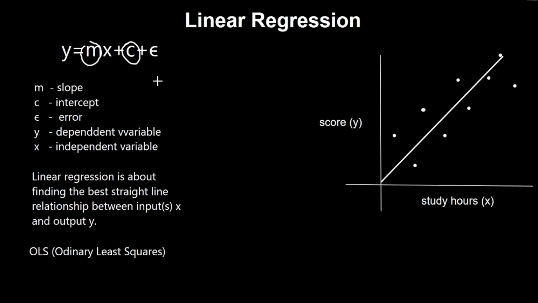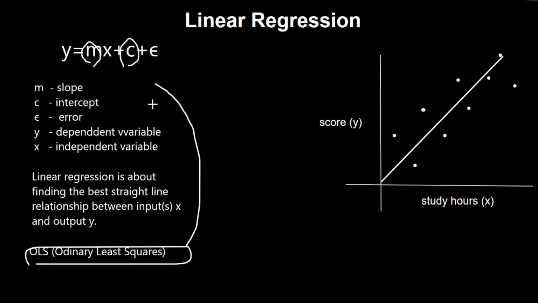We cannot find a random line. We need to find a line such that it best fits these input data points. In order to find the estimates of this m and c, we use a method called ordinary least squares, which we will see next.